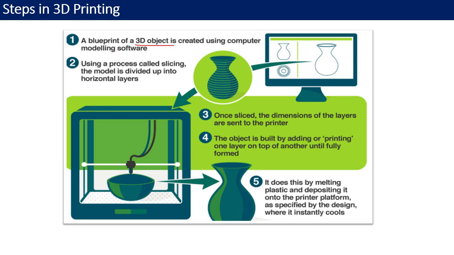First of all, we have to develop the 3D object. Then in the second step, we take it into the 3D printing software. This is the combined second step, and then finally we take it to the printer. So in 3 steps only we can print any 3D model using a 3D printer.